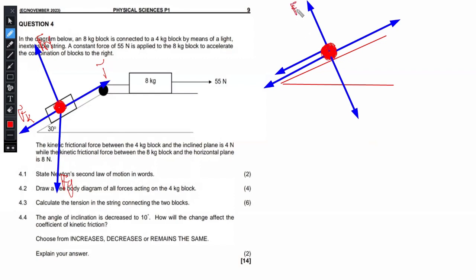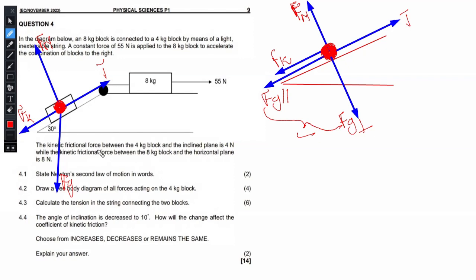Okay, so let's label. We have a normal force, Fn. We have a Fg perpendicular. Then this is Fg parallel. And then this is your kinetic frictional force. And right here we have tension. So when they mark this one, they mark it as 1, right? So in the memo, you will see them indicate this and then show a mark. Because when you have the Fg parallel and Fg perpendicular, they are components of the Fg.